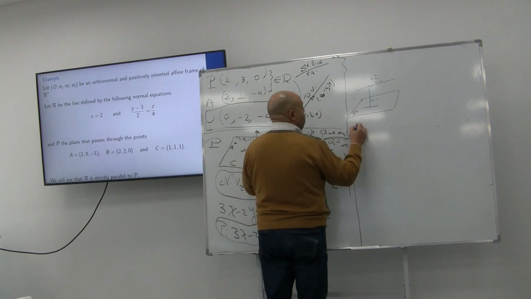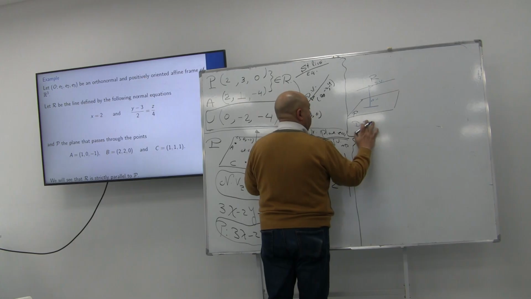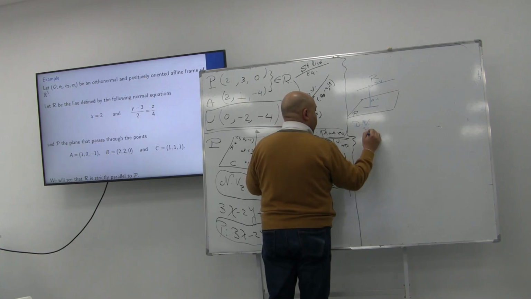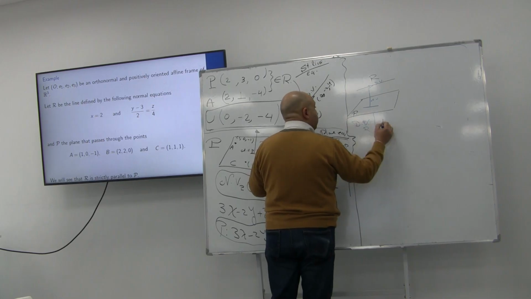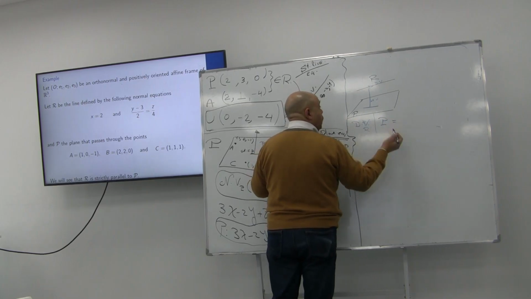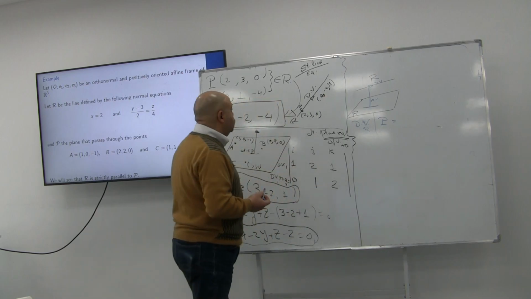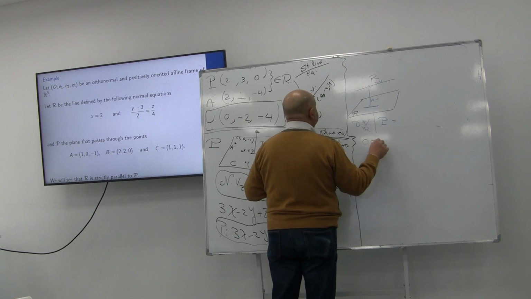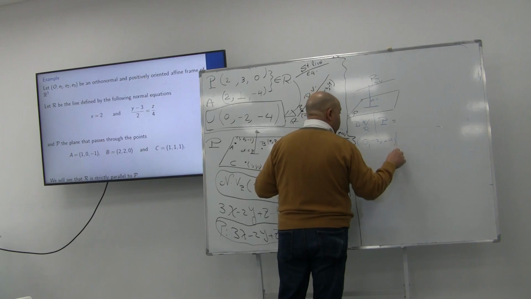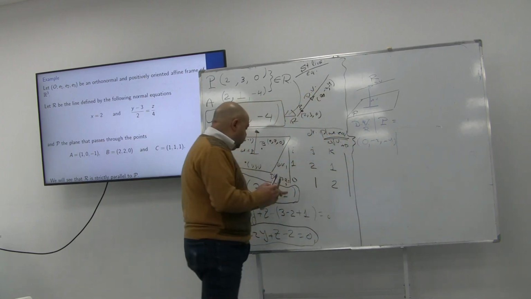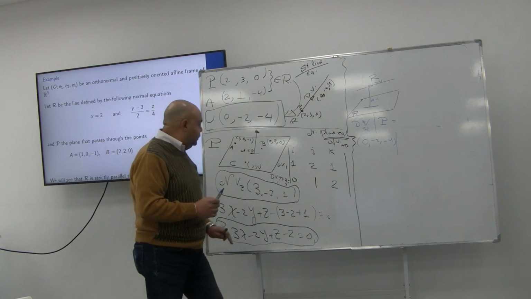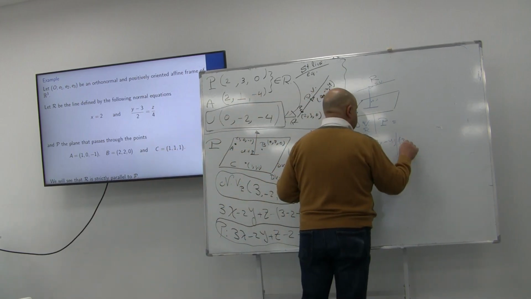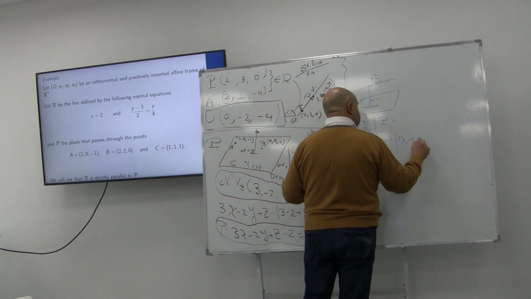So all I have to do is to get the direction vector of R and make an inner product with the normal vector of P, and let's see what's going to be. The direction vector of R is 0, negative 2, and negative 4, and I will do an inner product with the normal vector of this plane, which is 3, negative 2, and 1.